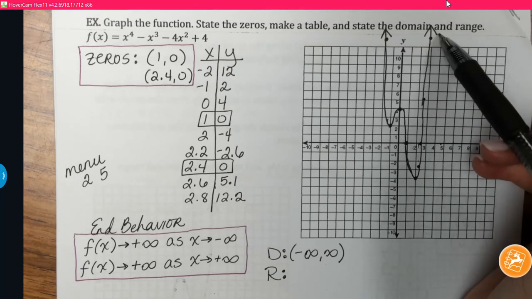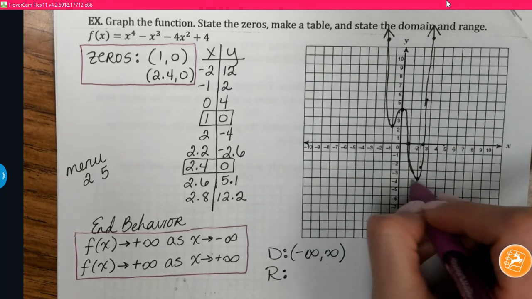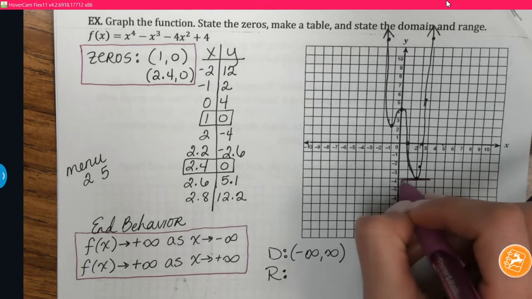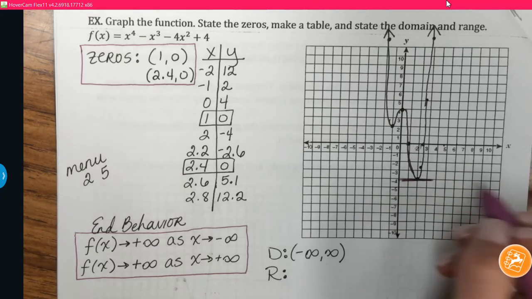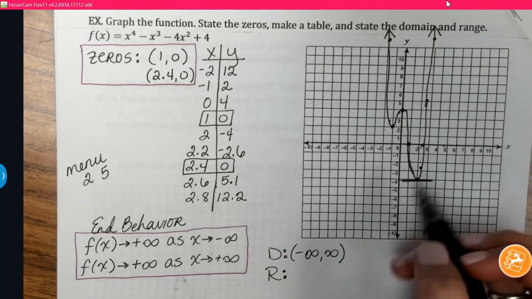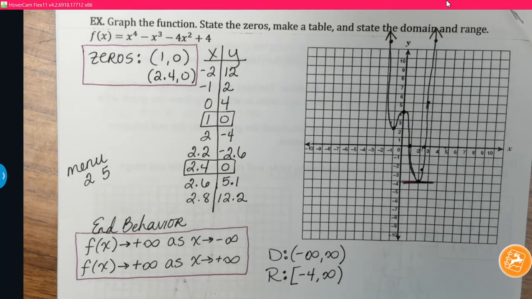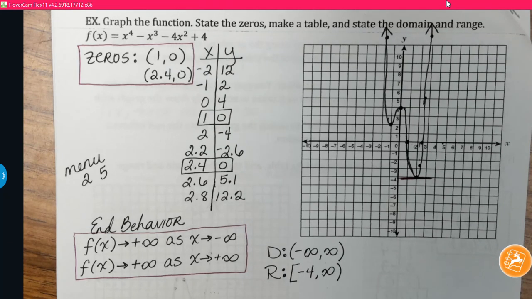Because though it's going to positive infinity, I actually have a cutoff right here. This is my lowest point. So if my graph is going upward, I'm going to look at my lowest point. That's at -4. So I'm going from -4 to positive infinity. Okay, so that would be my range.